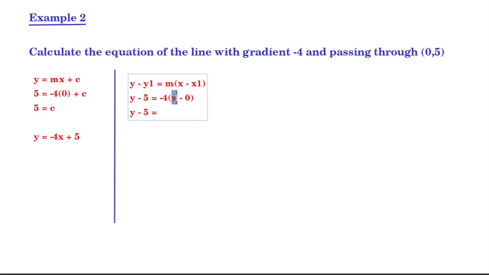X minus 0 gives you x. X times negative 4 gives us negative 4x. Then if we add 5 on both sides of the equation, you are going to get that your y is actually equal to negative 4x plus 5.